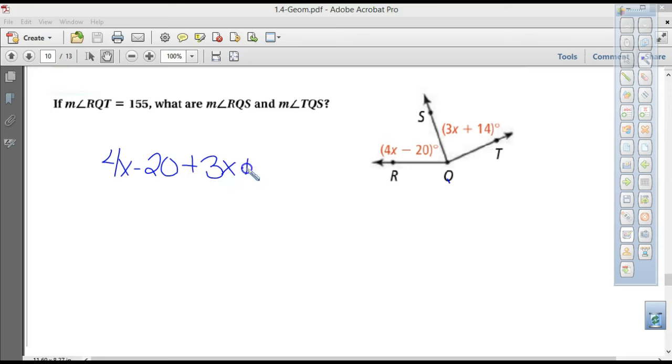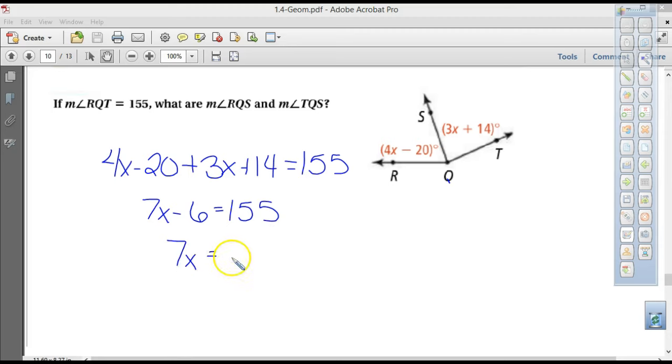Plus 6 plus 14, and together, those are going to equal what? 155. So 7x minus 6 equals 155. 7x equals 161, so x equals 23.